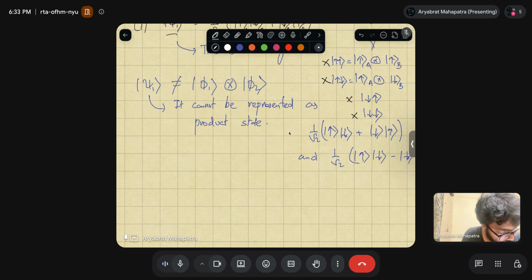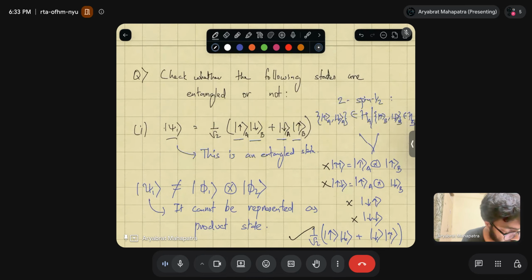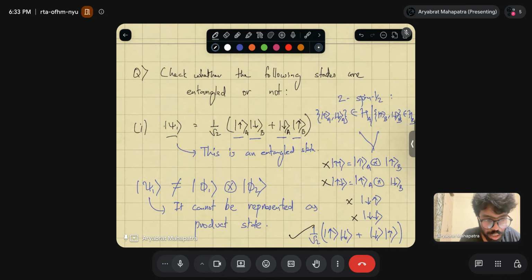Let me put a tick over here and a tick over here. So what I was telling here is, let's say you have one spin half system. One spin half system in quantum mechanics means that you have some spin half quantum particle, and you can define that particle using quantum states which we have studied in detail in your starting quantum mechanics class of spin systems, where you have seen how a spin half system can be defined by upstate and downstate.